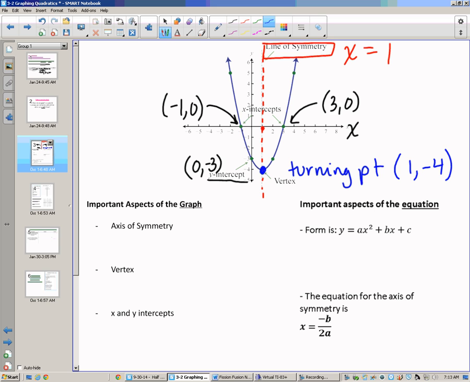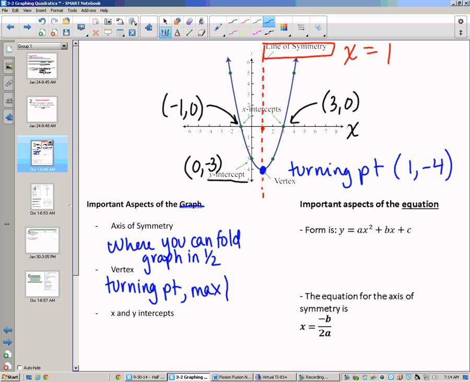So, important aspects of the graph. You should notice that axis of symmetry, it's where you can fold the graph in half. So it's symmetric on either side. The vertex is also called the turning point or a maximum or minimum.